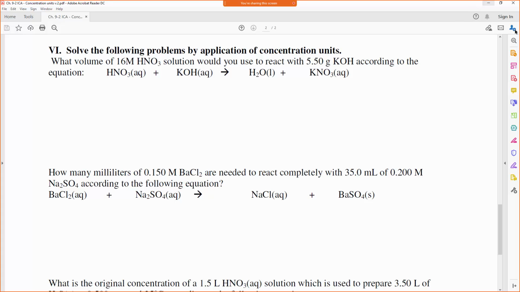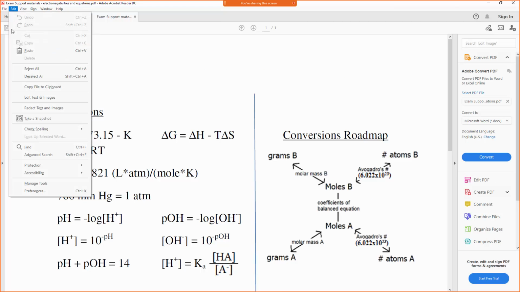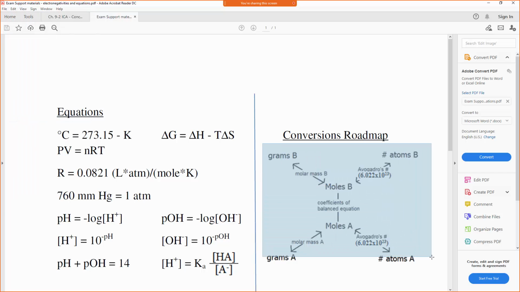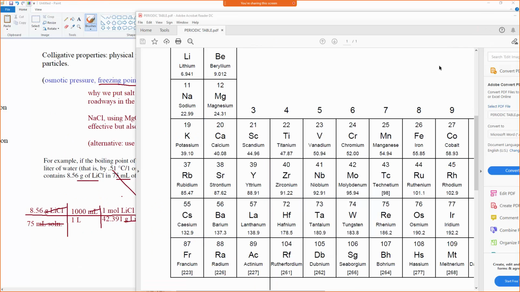So if you consider the roadmap that we typically use, right? So our little roadmap, open you up here. To solve these problems, essentially what you're going to do is say, hey, look, I have moles on this roadmap.